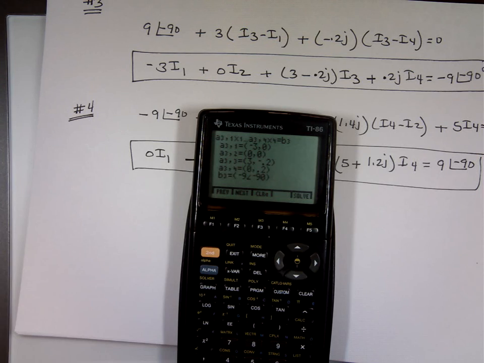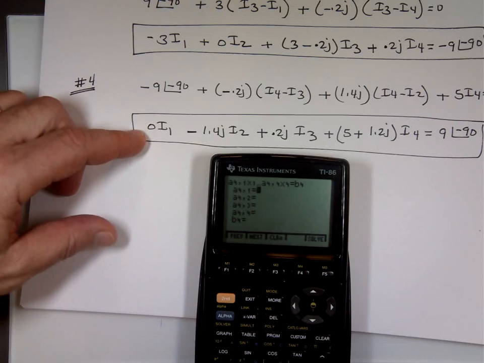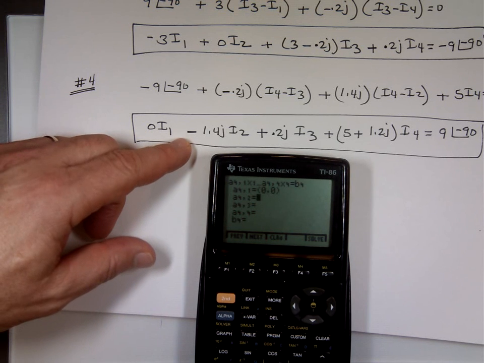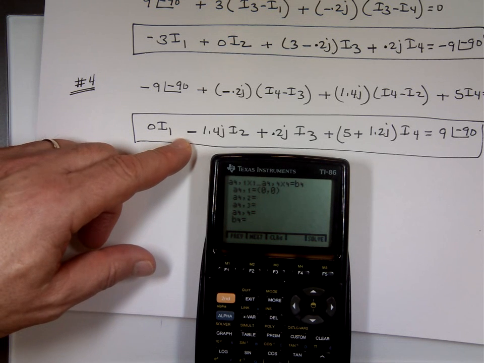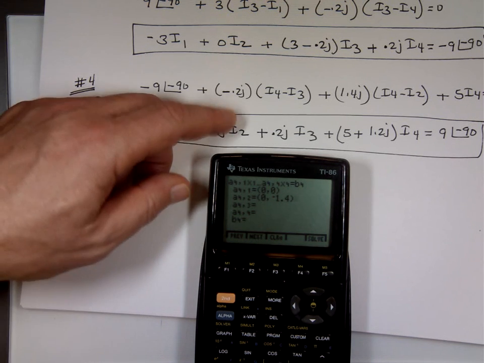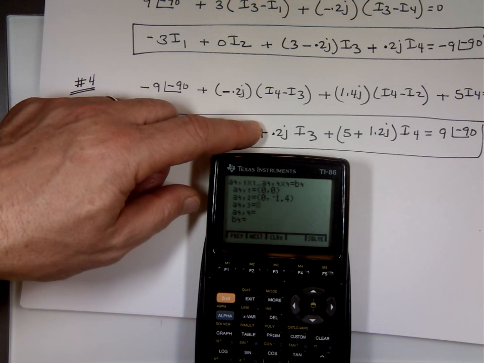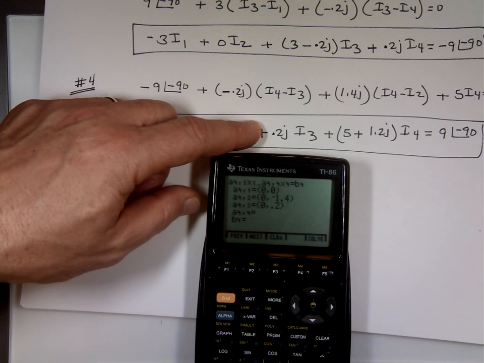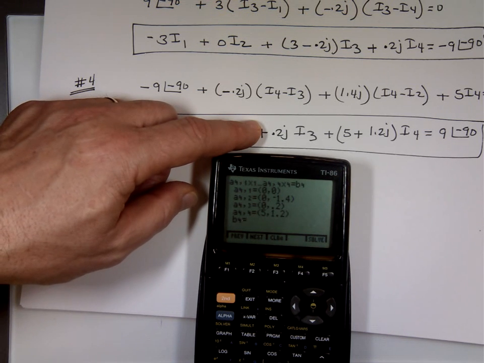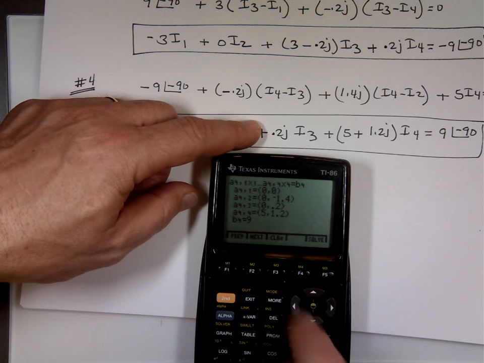The last one, 0, negative 1.4j, 0 comma negative 1.4, 0.2, 0 comma 0.2, 5 comma 1.2, and 9 comma, on this calculator, negative 90.